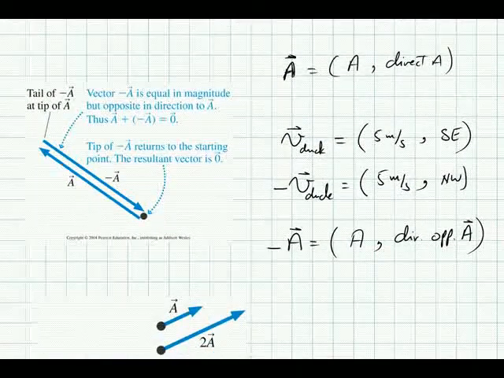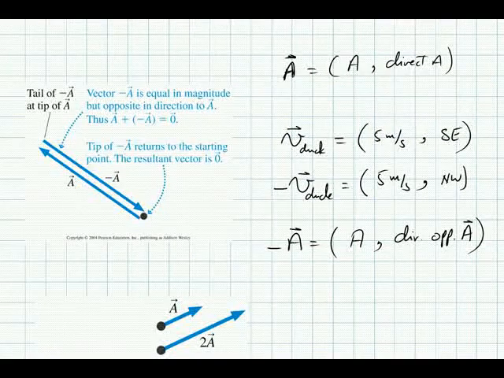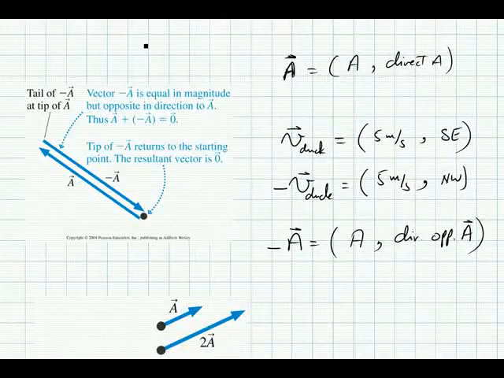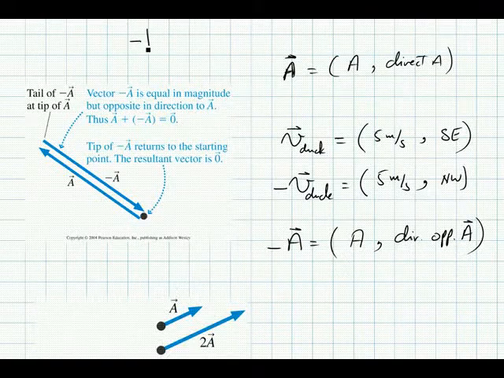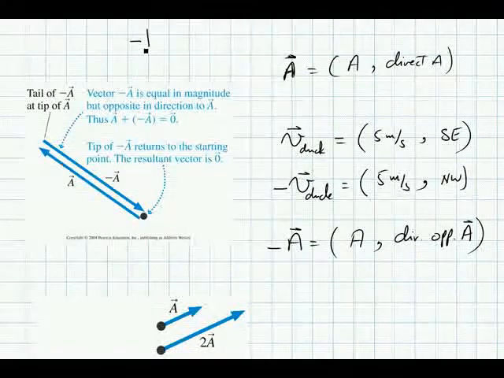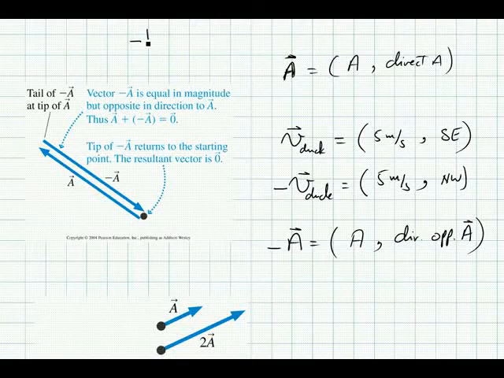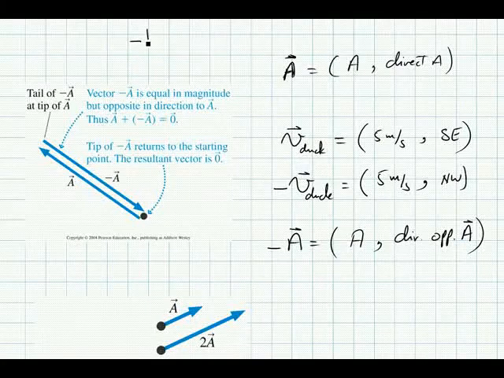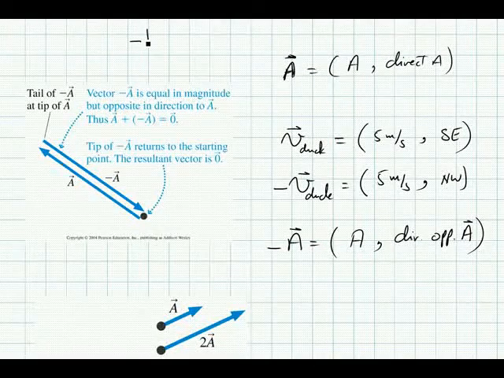Now what happens when you multiply a vector by -1? If you multiply a vector by a minus, the magnitude, which is the size of the vector, remains unaltered. However, the direction of the vector switches. It turns around 180 degrees.